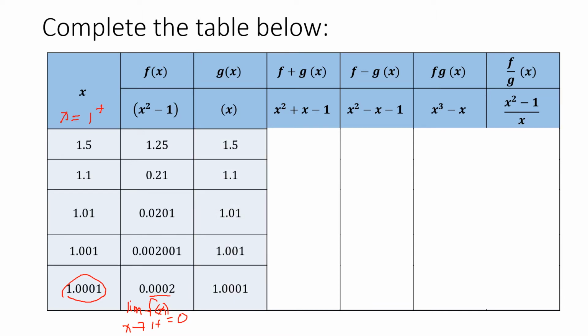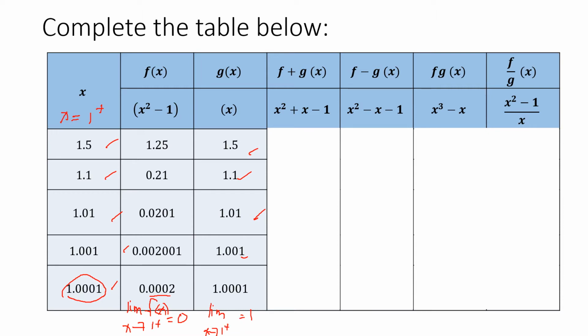How about this one? The function is defined as x, meaning whatever you put into it is the same output. So the input and the output are equal to one another. So if x is approaching 1, this one here is also approaching 1.